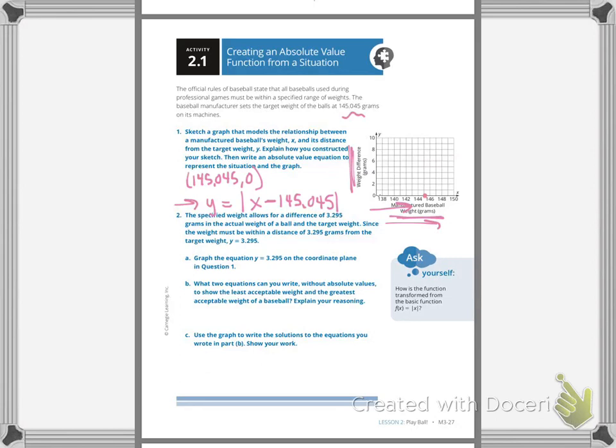So I can look at 142 is at 3, so 142 is pretty close to 3. Okay, if I did, let's say 140, so I'm going to scroll up, it's close to 5. If I do 138, it's close to 7. Now I have to do my other side, so I probably want 146 is pretty close to that.